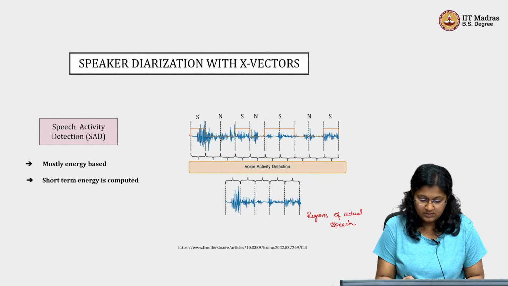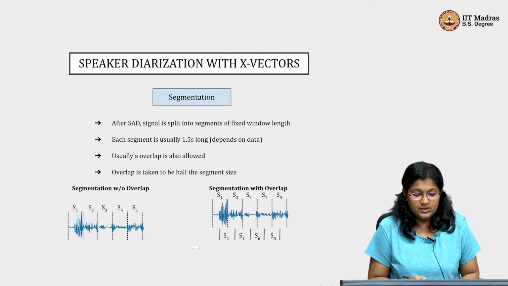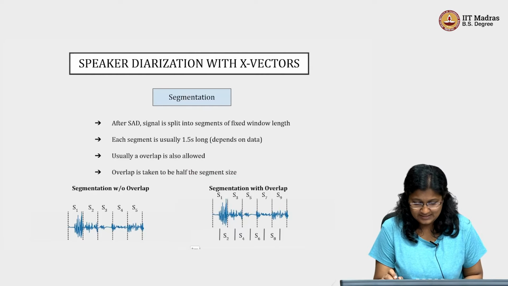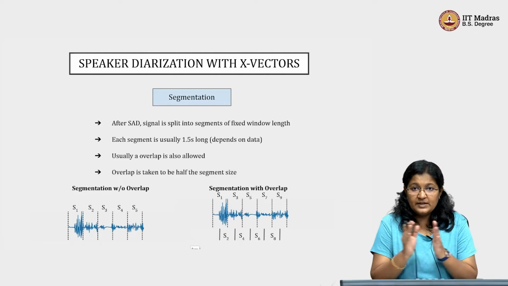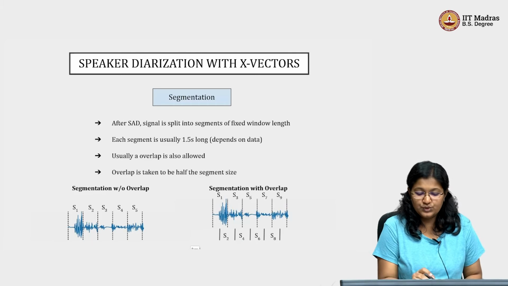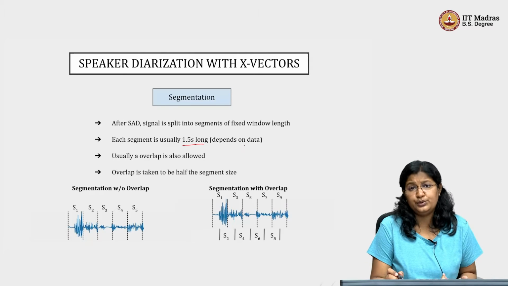After speech activity detection, the next step is segmentation. Once the SAD is done, you have to split that audio into equal width segments. Usually the segment length is 1.5 seconds, or it might even depend on the data that you are going to use.